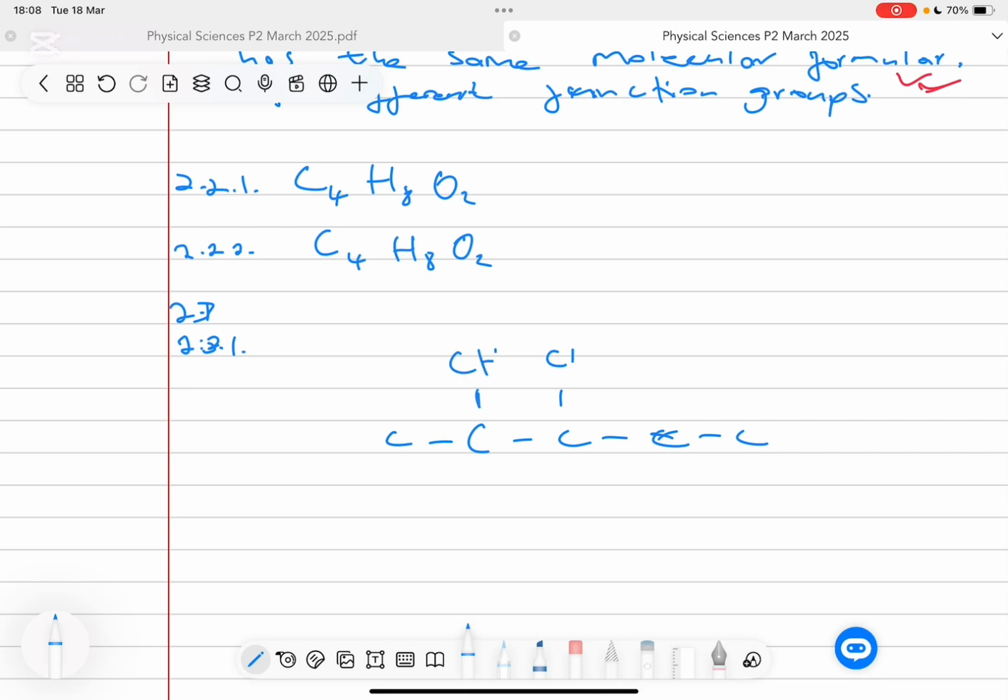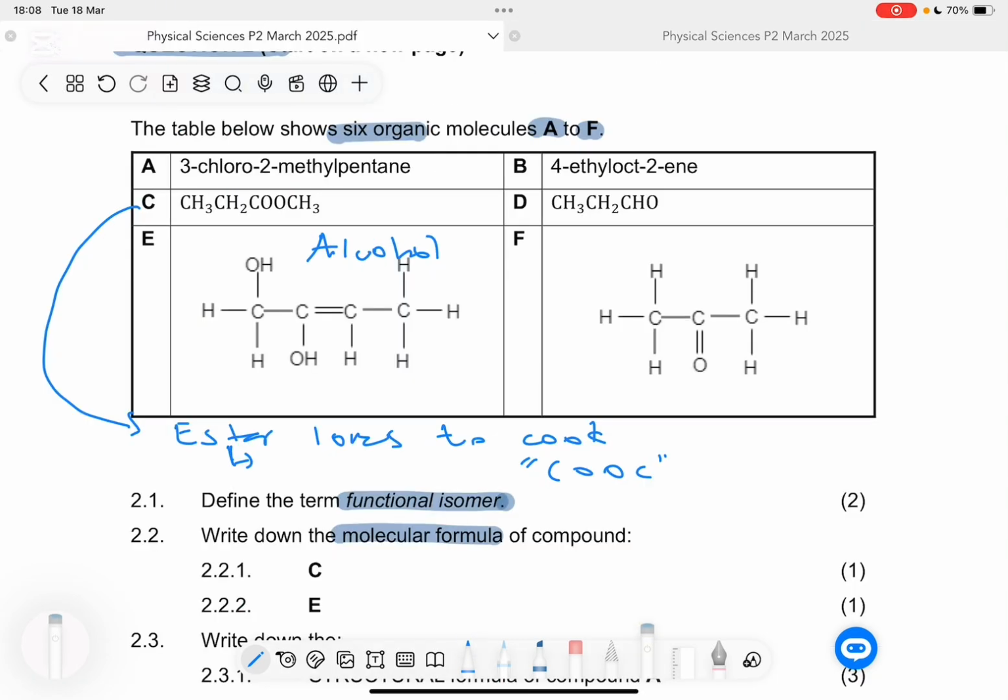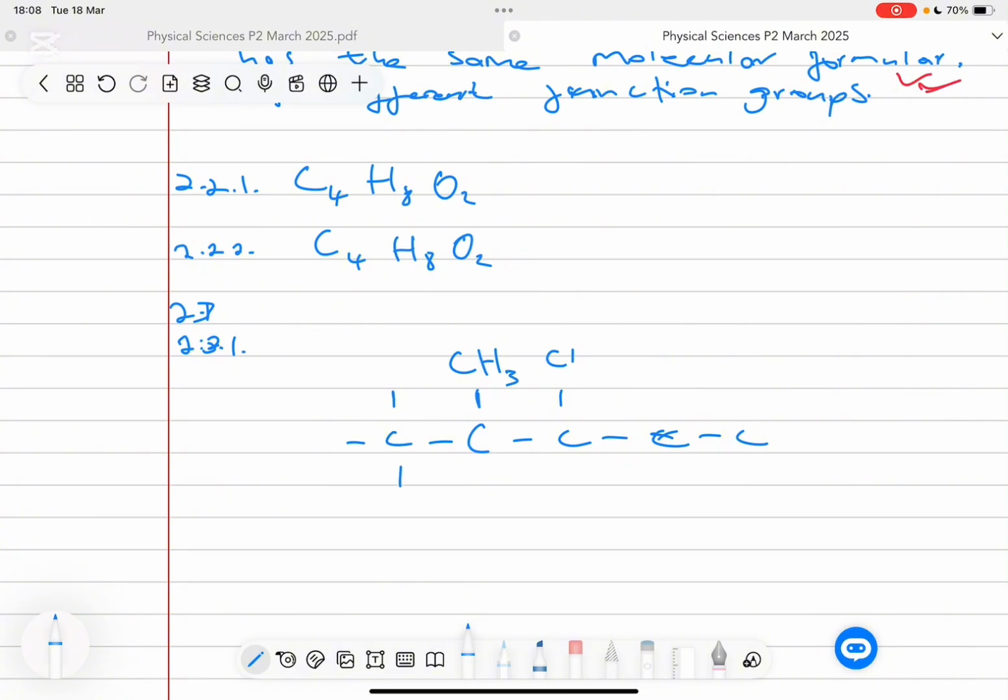So here we'll have our methyl group, and we all know that our methyl group is made up of 1 carbon, which will be attached to 3 hydrogens, so that the 4th bond will be this one. From this point, there's nothing else there. It means all the other bonds will be attached to hydrogen.